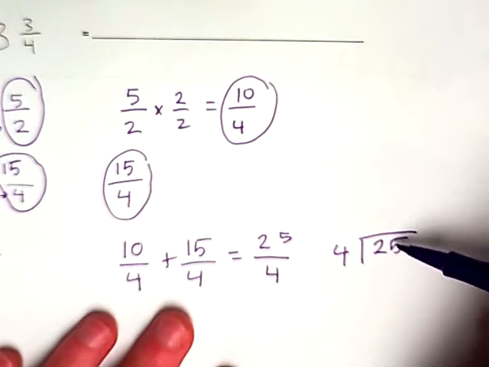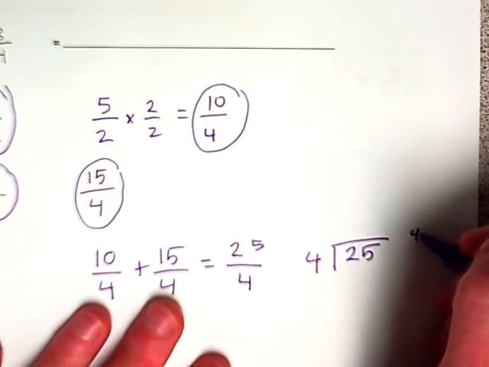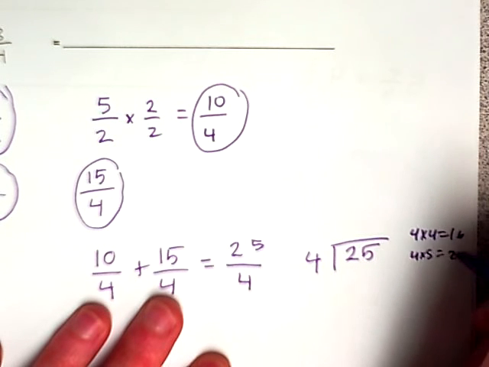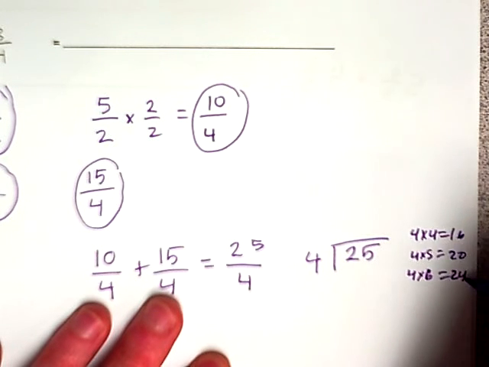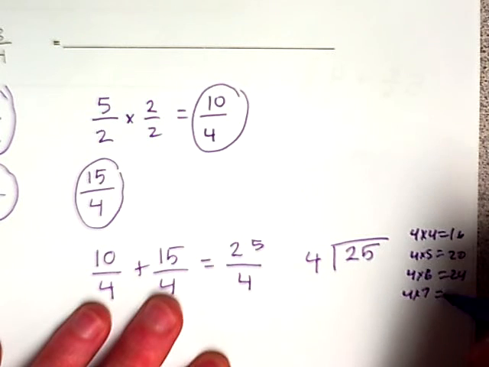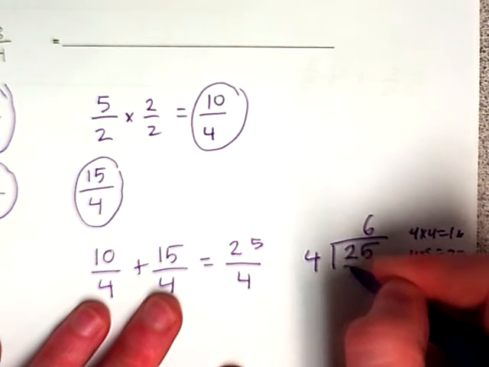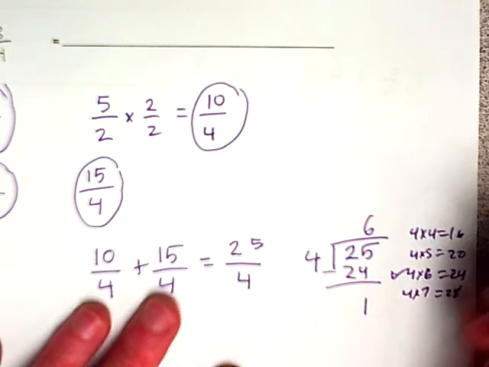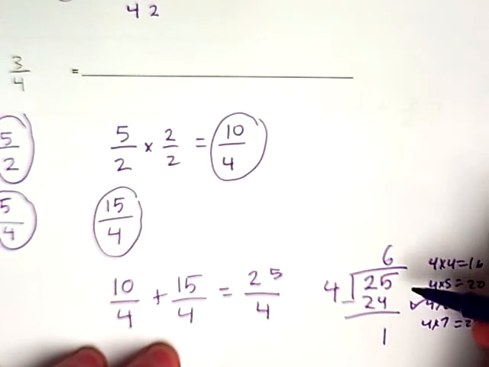So 4 goes into 25, well, if you do 4 times 4, that's 16, 4 times 5 is 20, 4 times 6 is 24, 4 times 7 is 28, whoops, we went over, so it has to be 4 times 6 is 24. 5 minus 4 is 1, 2 minus 2 is 0, so now I have what I can use to make my mixed number.